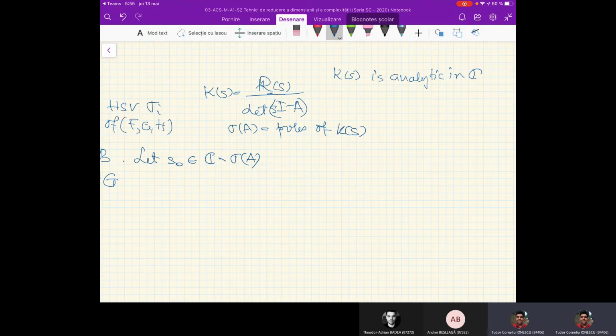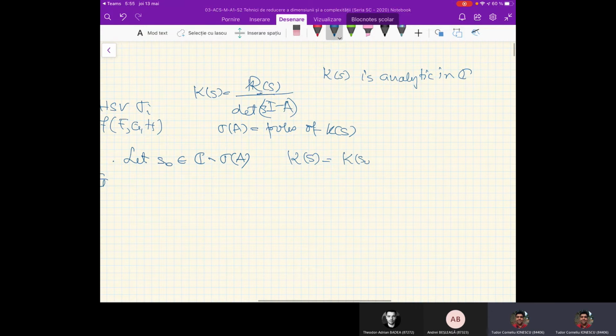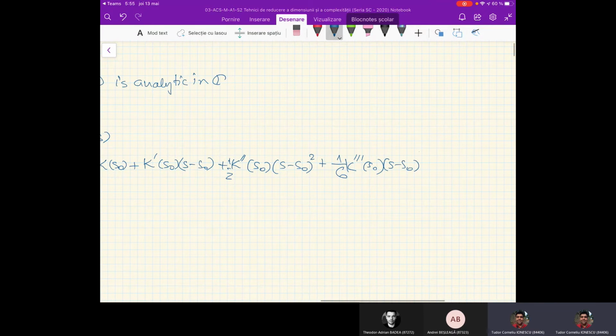Consider any complex point which is not a discontinuity of K(s), then you can write K(s) as a Taylor series, or well, Laurent series, but here we restrict ourselves to Taylor series expansion: K(s0) plus K'(s0) times (s minus s0), plus one half K''(s0) (s minus s0) squared, plus 1 over 6 K'''(s0) (s minus s0) to the power 3, and so on and so forth.